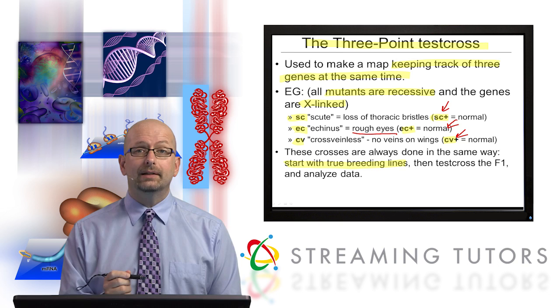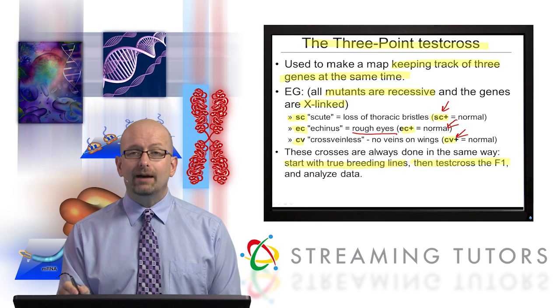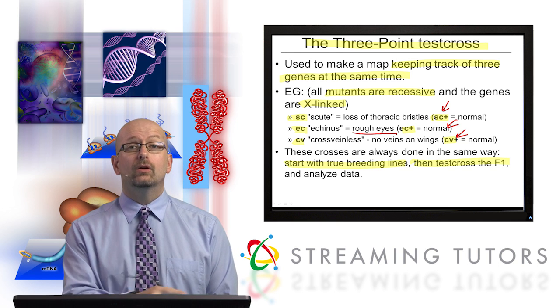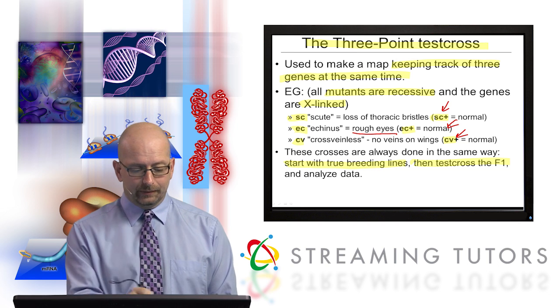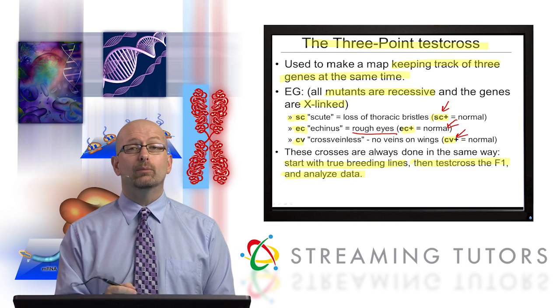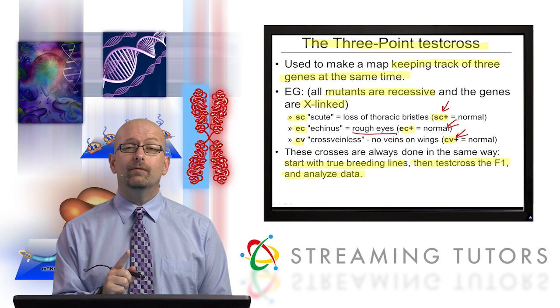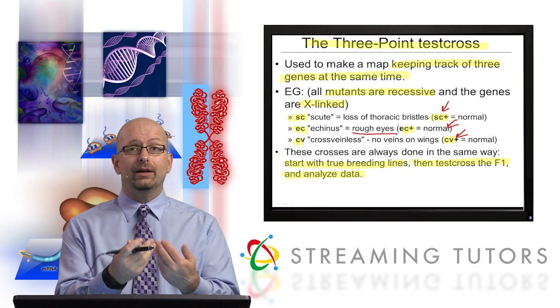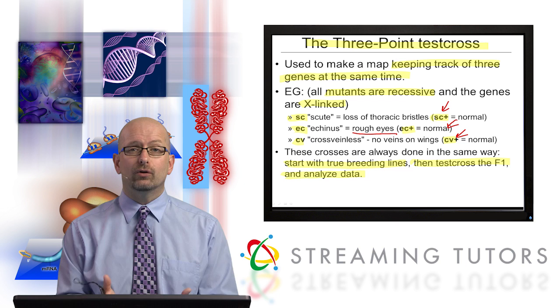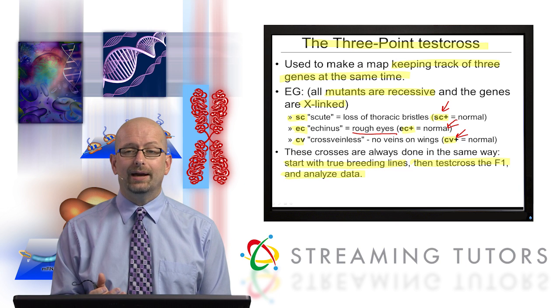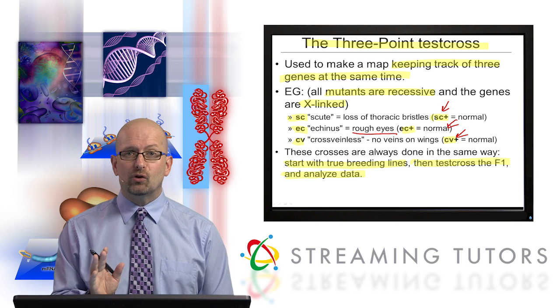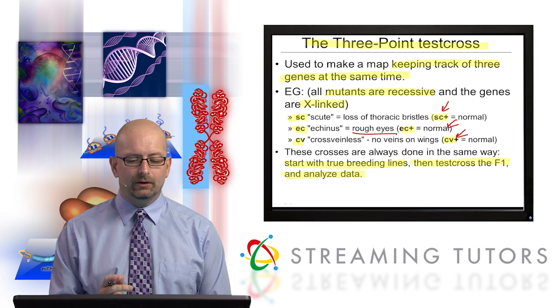Start with true breeding lines, get the F1 females, test cross them, and analyze the data. Remember, since crossing over doesn't occur in males, whenever we do this, the female F1 parent is really generating all the diversity in the gametes. Okay? So far, so good?